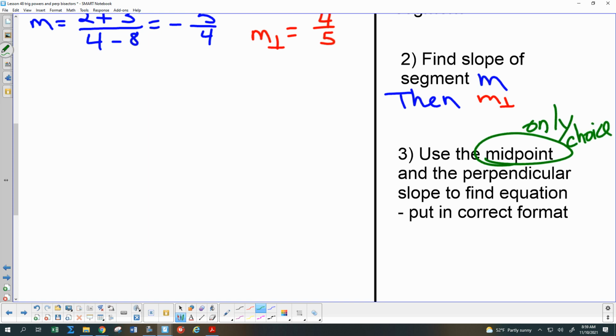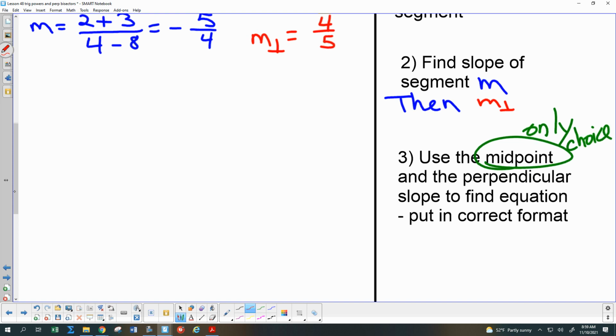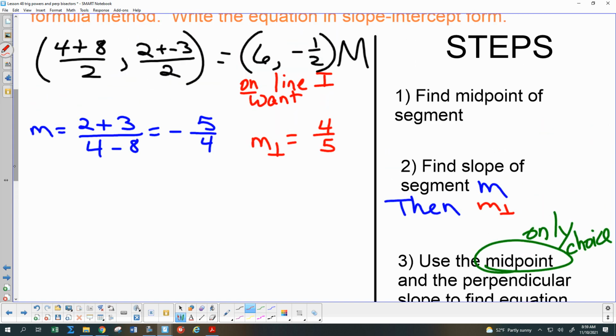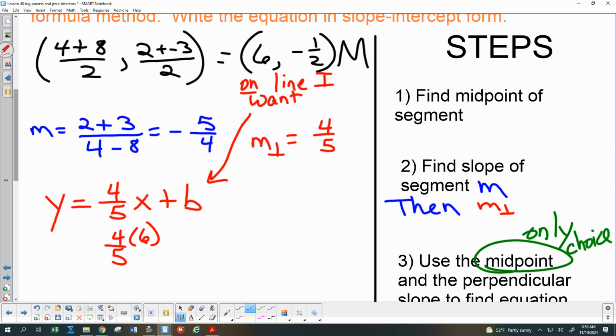So to have our final equation, we are simply going to say y equals mx plus b, use the perpendicular slope, put in the point that we know is on the line, use the midpoint, even if it's messy: 4/5 times 6 plus b is negative a half.